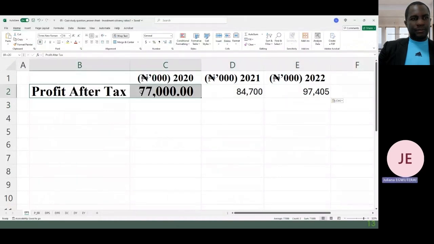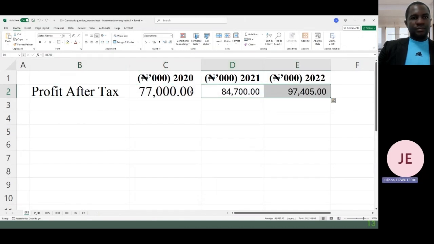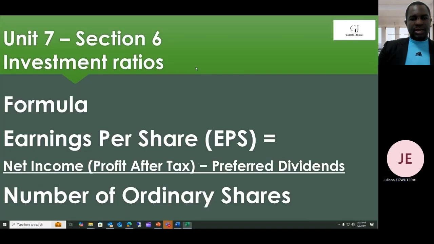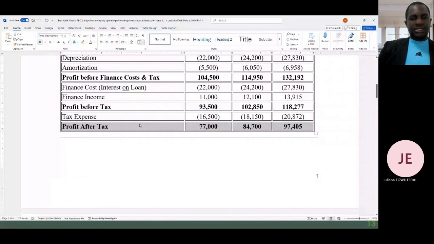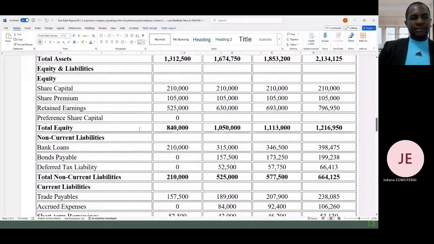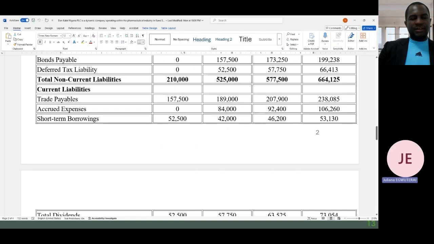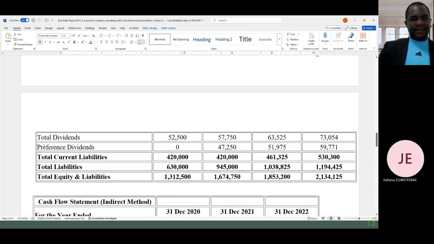I'm looking for preference dividends. I've not seen it though. Okay, I've seen dividend, I'm not saying preference dividend. Preference dividend should be under your current liabilities. Sometimes it comes under notes to the account. But here, if you look at your current liability, you'll see preference dividend. Oh, yes, I've seen it.